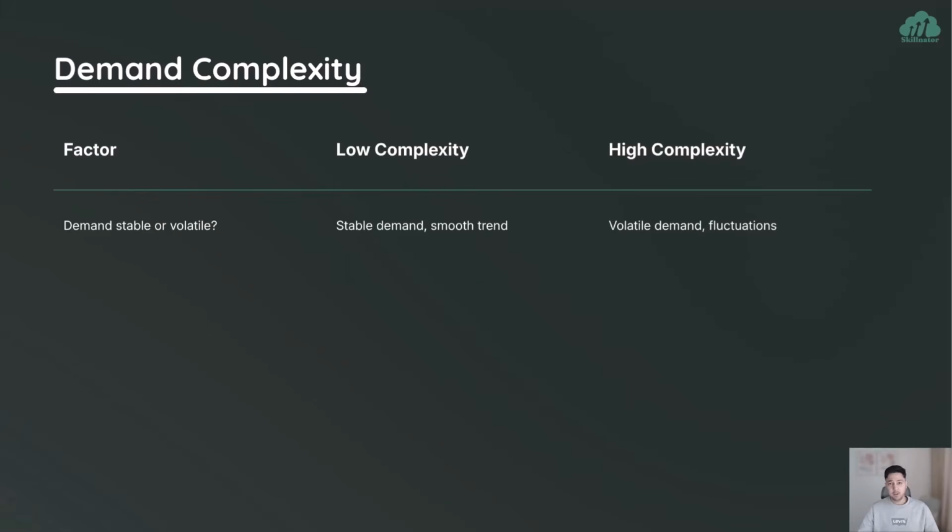Volatile demand, on the other hand, means the product has high complexity. The second question is about data availability. If you have limited historical data or noisy data, then this is a complex product from a demand forecasting perspective. If you have long, clean historical data, then this renders low complexity.